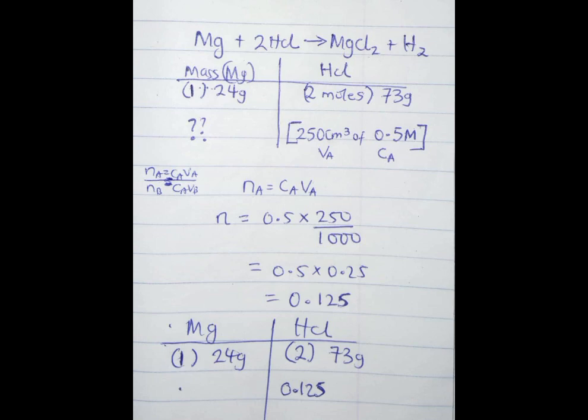So the first is the mass relating to the mole. The mole of magnesium is an invisible 1, so there should be the 1. The mass of magnesium, the relative atomic mass, is 24. The next one is 2, based on HCl. HCl here is 2 moles.